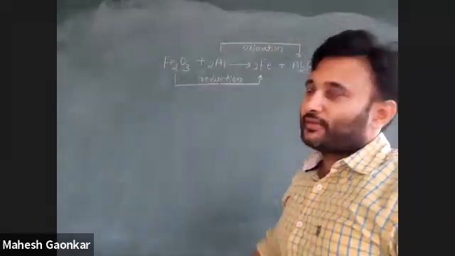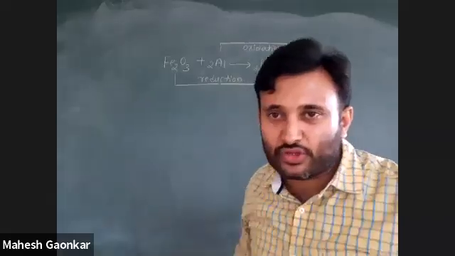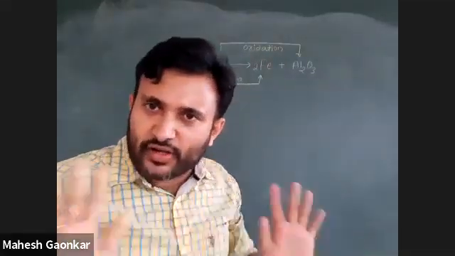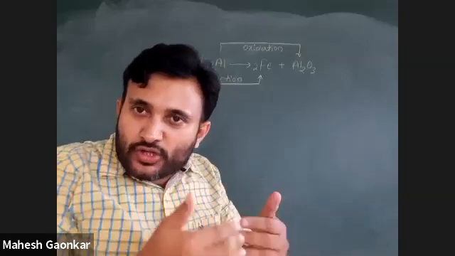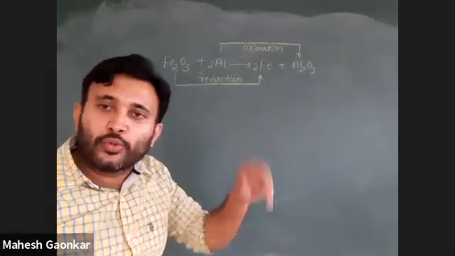Now the agents. Fe2O3 has lost an oxygen atom, so it is reduced. The one which loses an oxygen atom is reduced. In this entire reaction, which one is reduced?